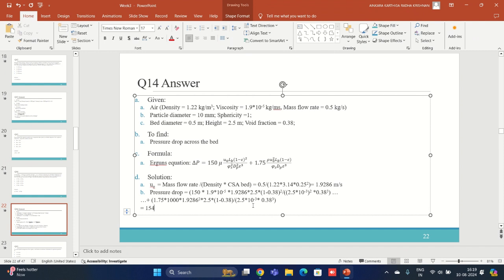It is 15402.088. And the right hand side is 1.75 into 1000 into 1.9286 square into 2.5 into 0.62 divided by 2.5 divided by 0.38 cube.